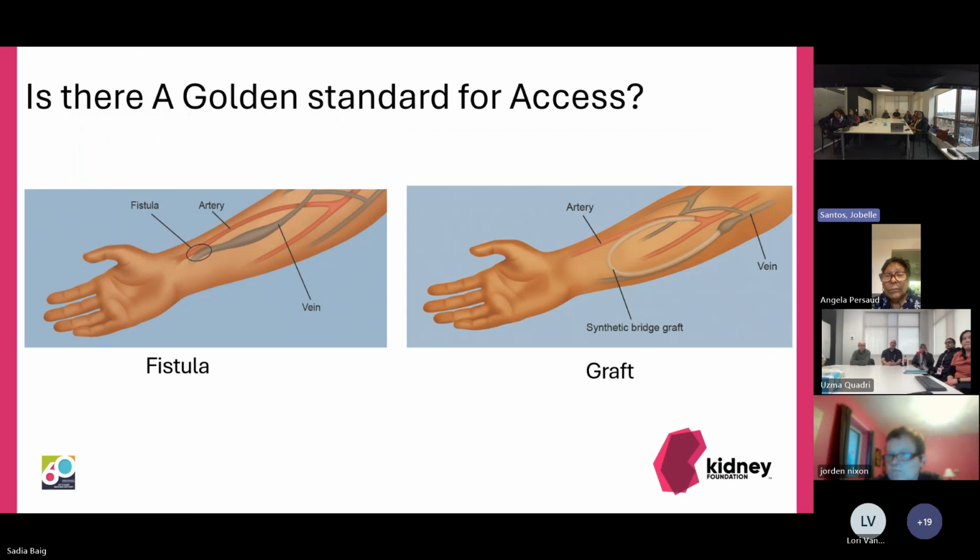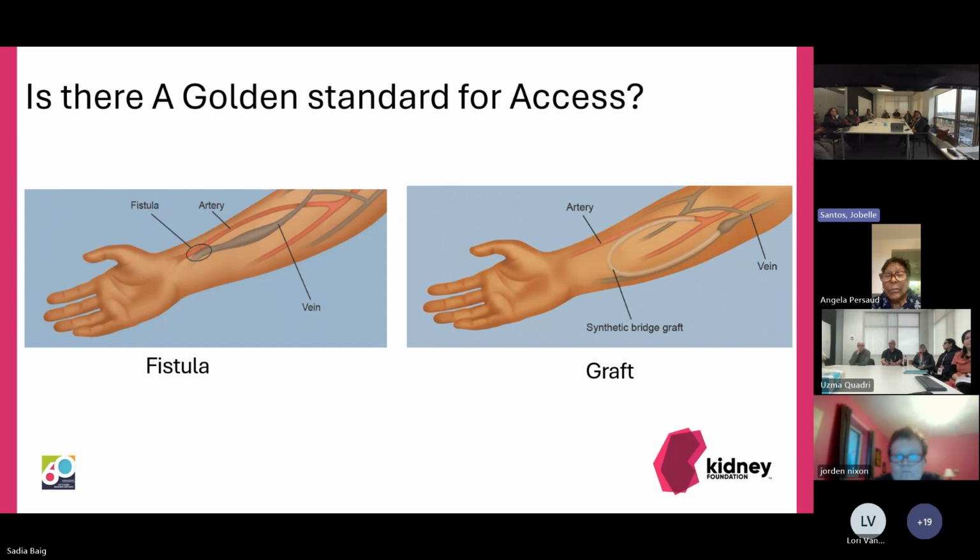Okay, so we'll start with why choose a fistula or why choose a graft, and which one is the best one for you. So I'll just quickly explain the difference between a fistula and graft, and Dr. McVeigh will go a little more specifically about the types of surgery and how they're created.